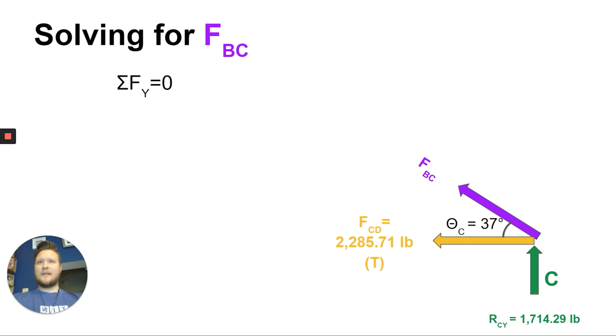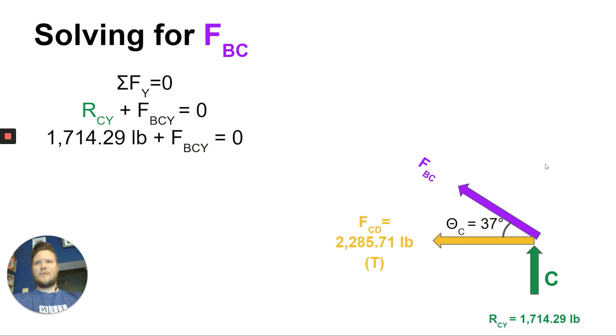I like to do this in the sum of the forces in the y direction, just because it's almost identical to solving for FAB, but you can also do this by solving for it in the x direction if you'd rather. So I do RCy plus FBCy has to equal 0, because remember, we have to find the component and then find FBC.